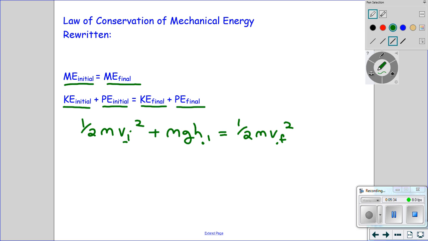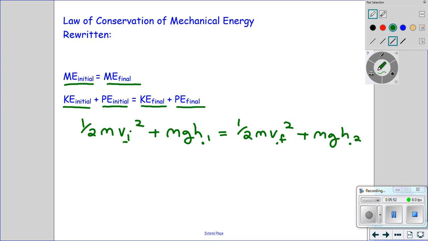Where VF is the final velocity the object will have. And where H2 is the final height the object has above a reference point.